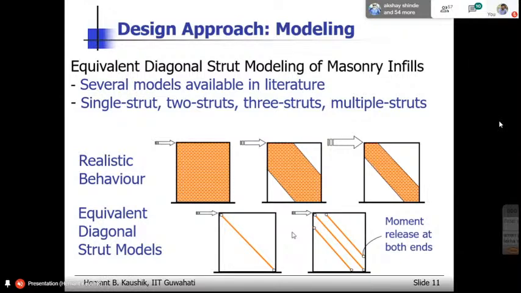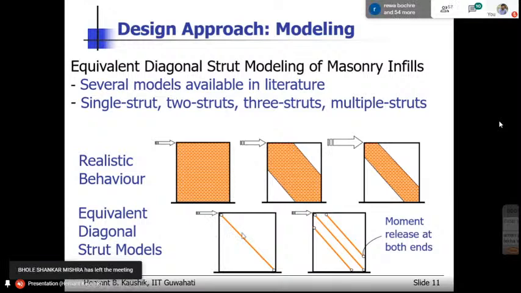Still, people still do that, but the single diagonal strut model will solve our purpose if we are not worried about what is a failure mode in the column, if we are only worried about the overall lateral strength and stiffness of the frame, overall design, then this is okay. Single diagonal struts are okay.